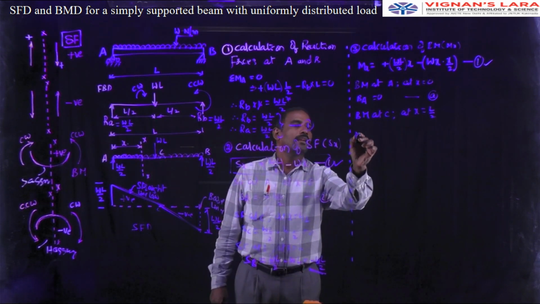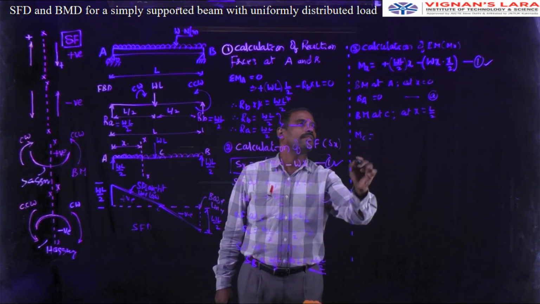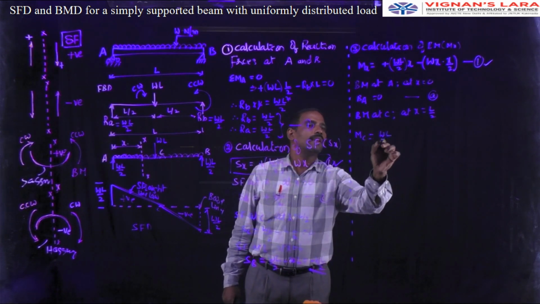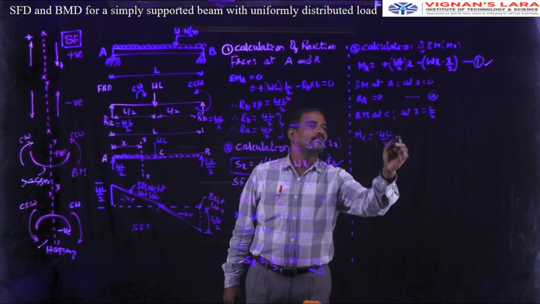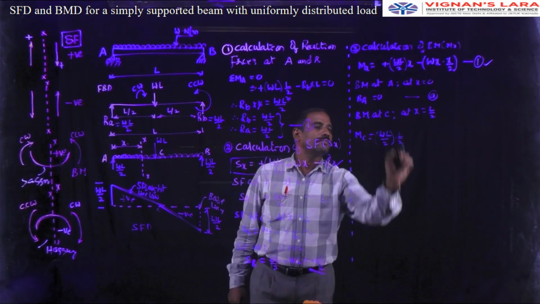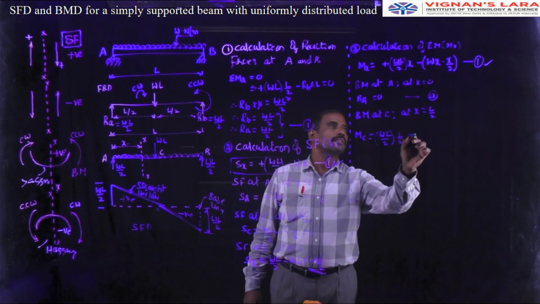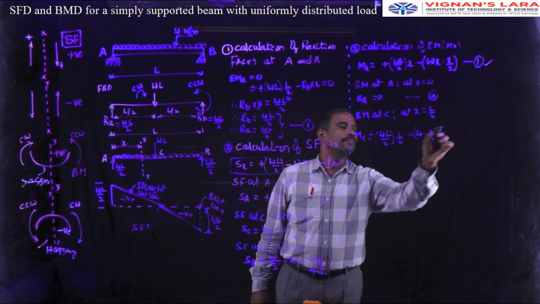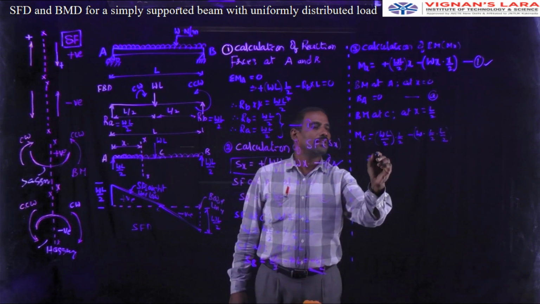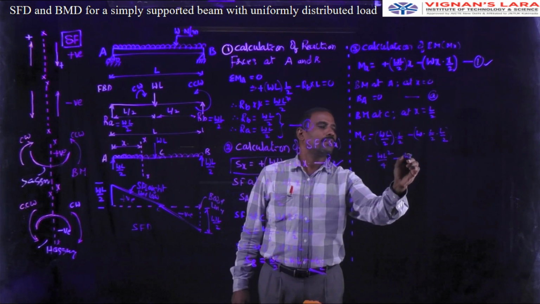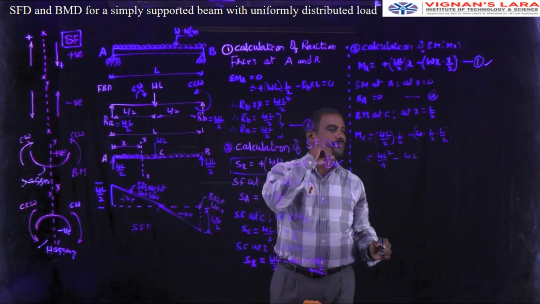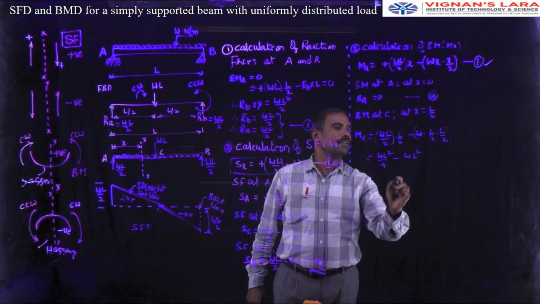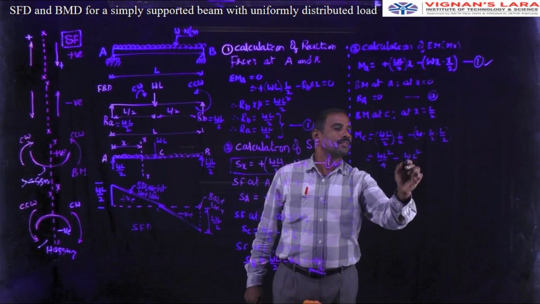Therefore, MC is equal to WL by 2 into L by 2 minus W into L by 2 into L by 2. So that is equal to WL square by 4 minus WL square by 8.